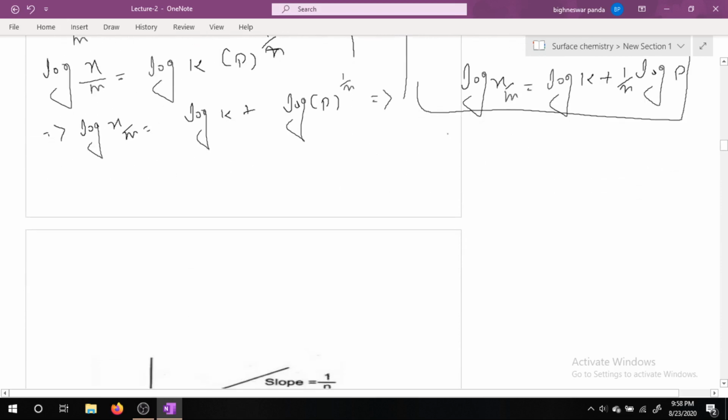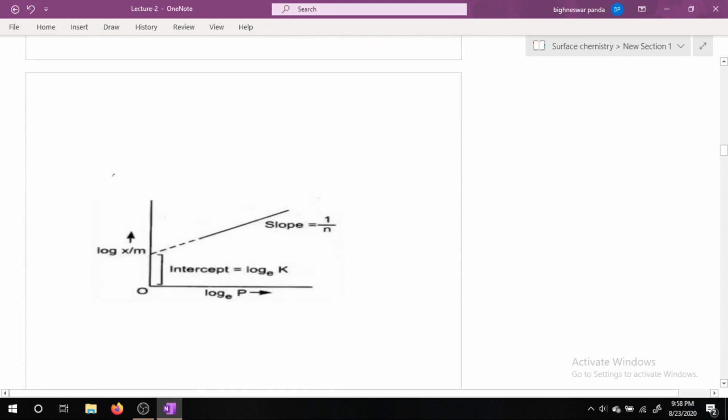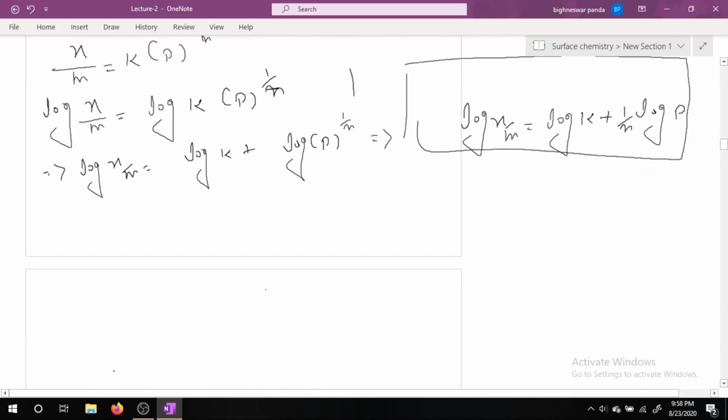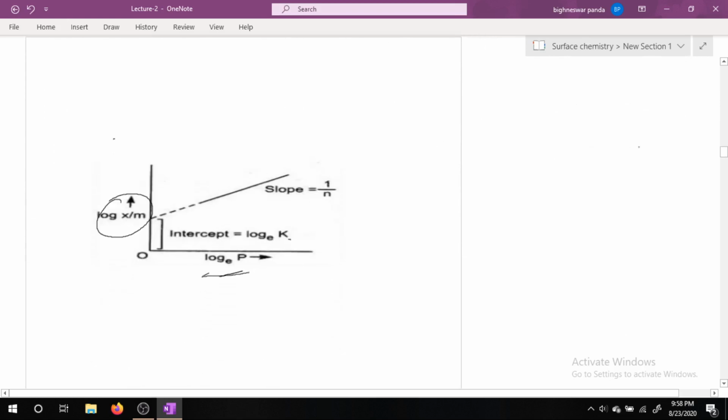If I draw the graph between log x by m and log p, consider y is equal to mx plus c. In the y-axis I have taken log x by m, in the x-axis log p, where m is the slope, 1 by n, and c is the intercept.